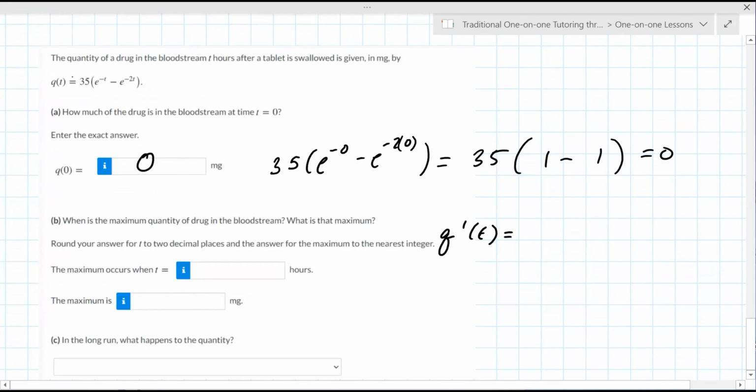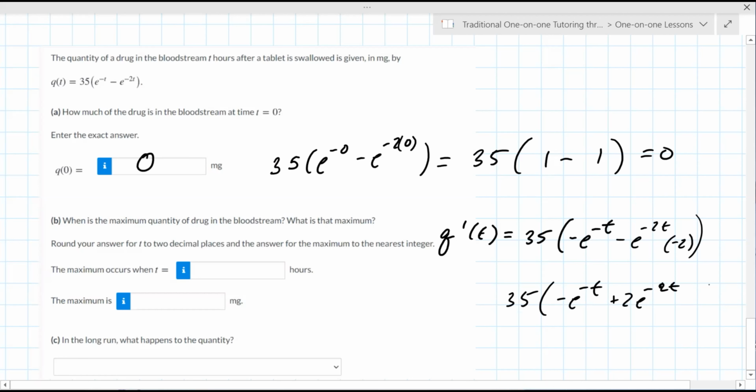That 35 is a constant, so it just comes along. The derivative of e to the minus t is minus e to the minus t. And then the next part here is derivative of minus e to the minus 2t. If you recall, it's always itself, and then you take the derivative of the exponent. So it becomes 35 times minus e to the minus t plus 2e to the minus 2t, and you set that equal to 0.